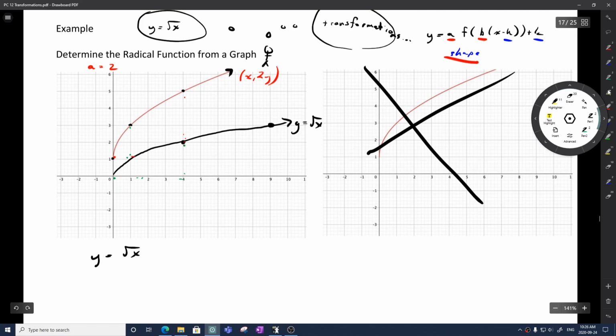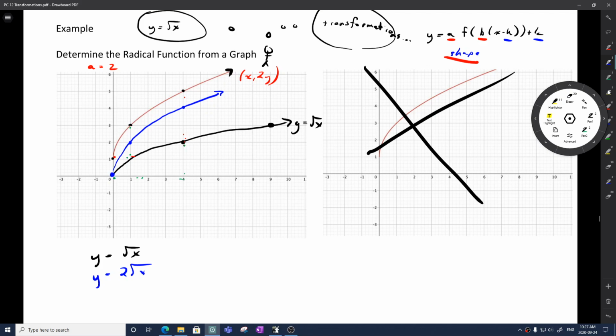So I start off with y is equal to the square root of x, and now I'm going to change it: y is equal to 2 times the square root of x. And I'm just going to graph that to help me out. If I graph that, I'm simply multiplying the y values by 2. And I'm hoping that you're able to see that the blue graph and the red graph have the same shape.